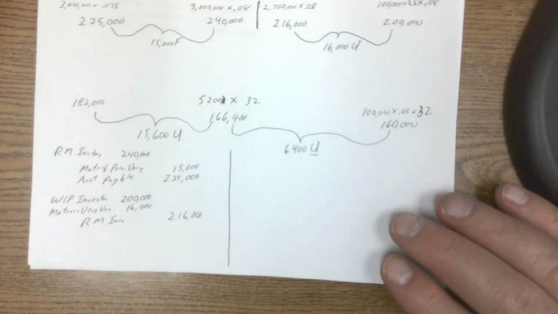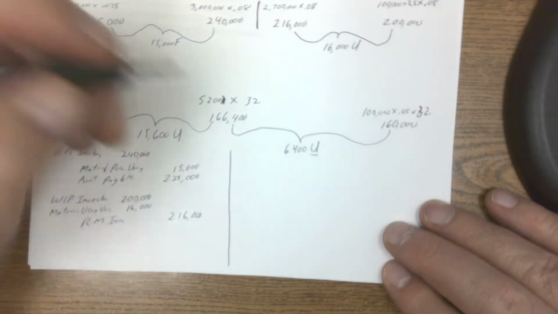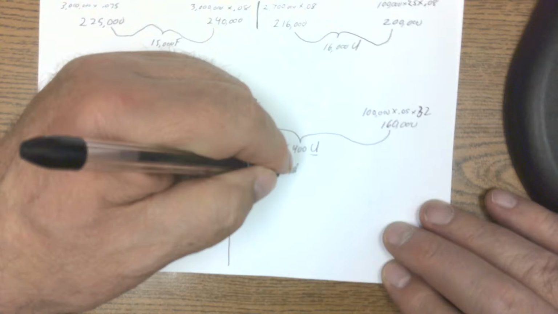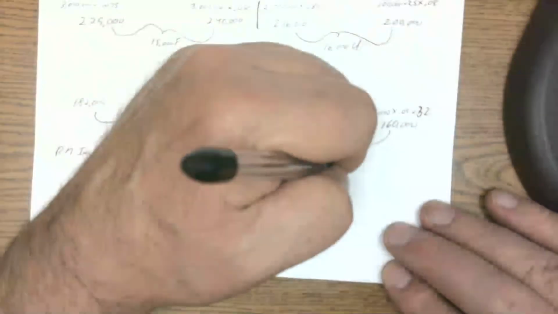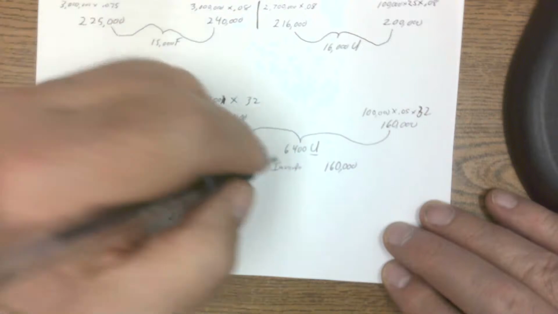We're going to have then the journal entries for the labor. Okay, so we're going to have the work in process inventory is going to be 160,000.